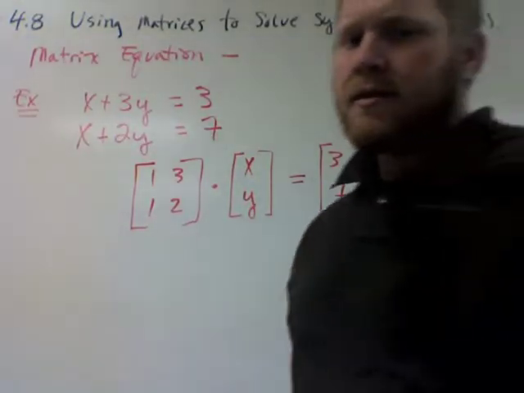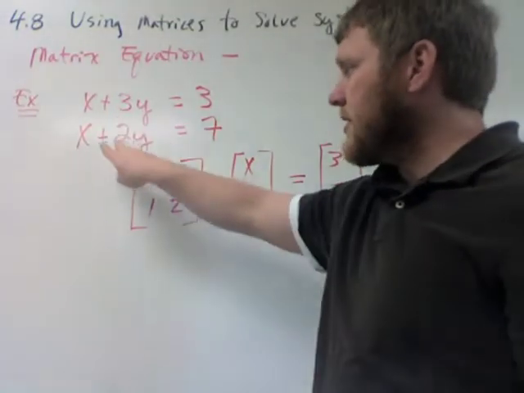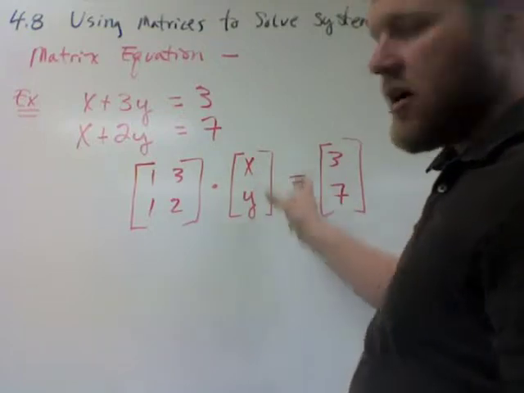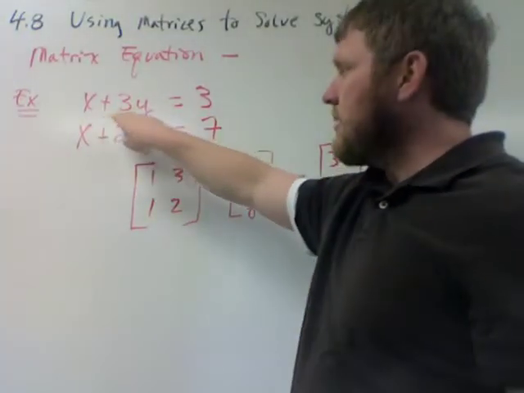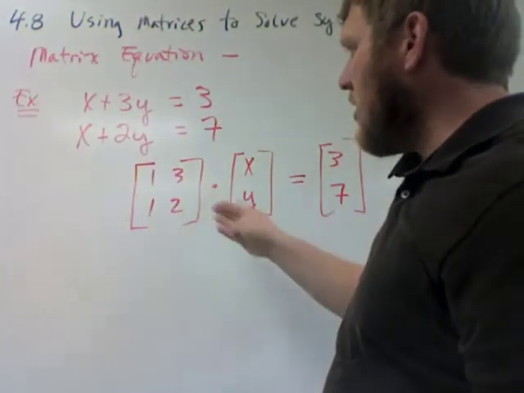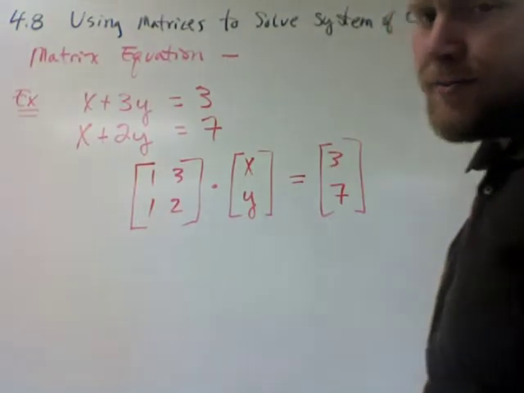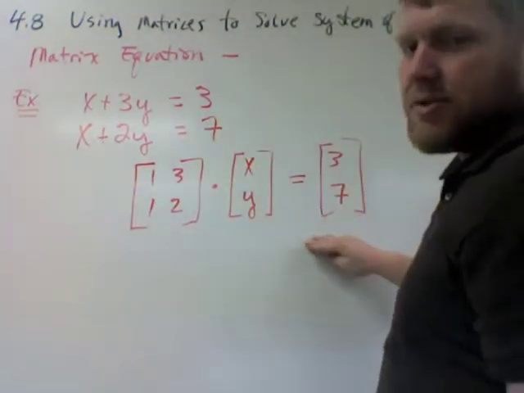A fairly simple concept. Notice these are just the coefficients from here. This is just the x and y as a column. If I take row times column, I end up getting this. So I set up a system of equations using matrices.